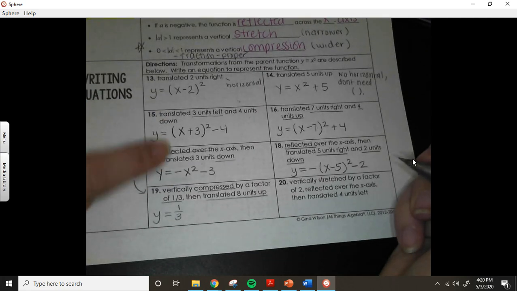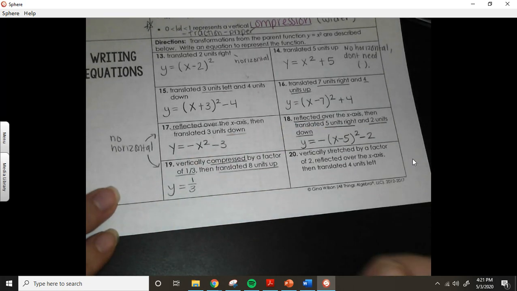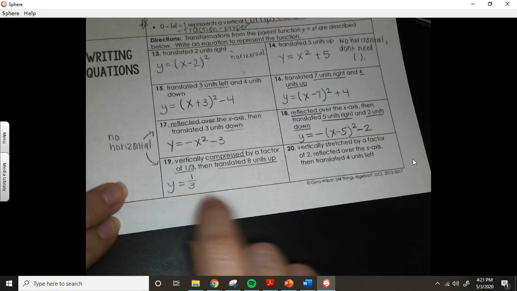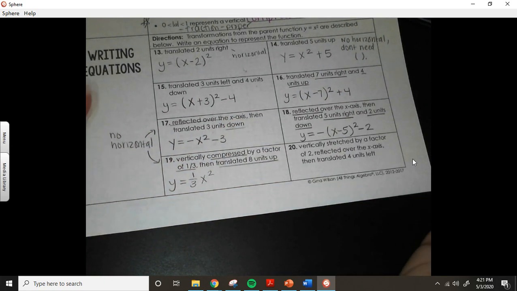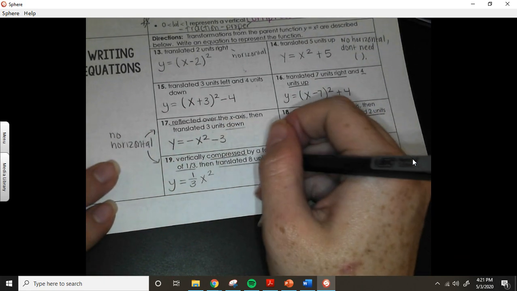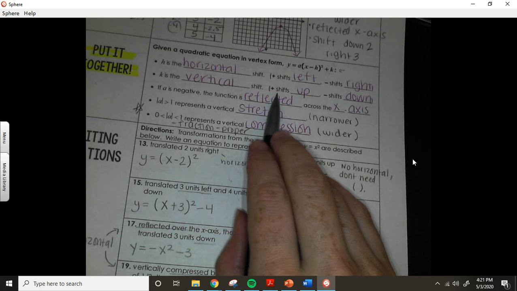Notice in any of the earlier ones, I did not have a coefficient for my a because it doesn't tell me a factor of compression or stretching. So I didn't need one, but now it does, so I need that 1/3 as my a. And then it's going to be x squared, because clearly it's quadratic. And we have translated 8 units up. Up means k, so it's plus 8.